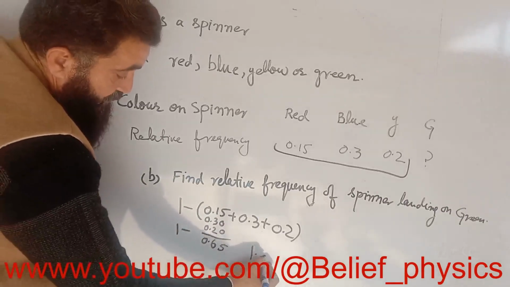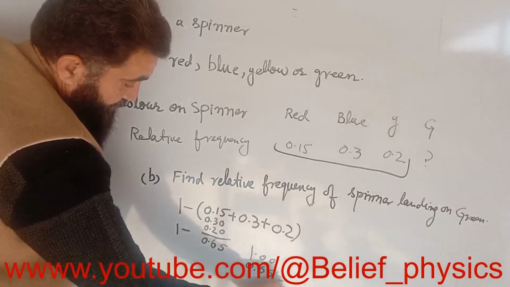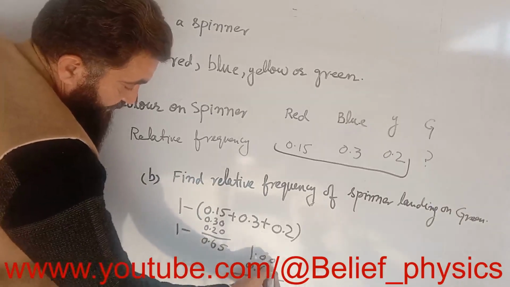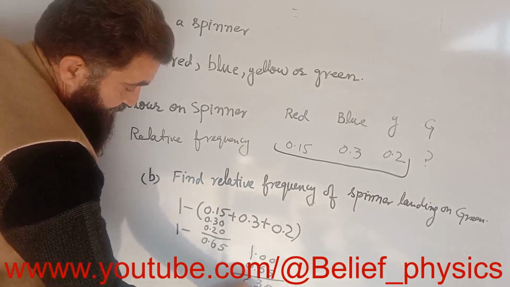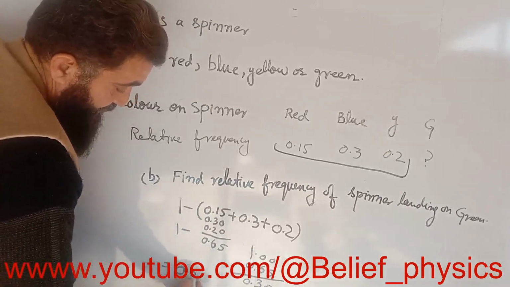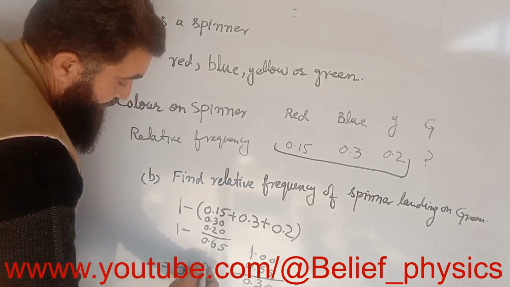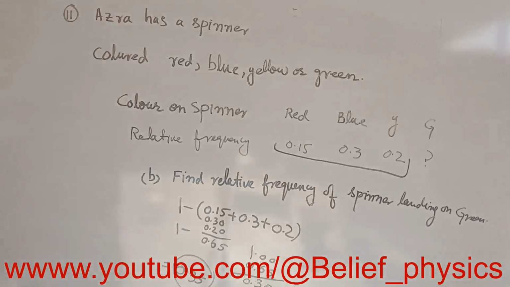It is 1.00 minus 0.65. 100 minus 65 is 35. So it is 0.35. So the relative frequency of spinner landing on green is 0.35. That's it.